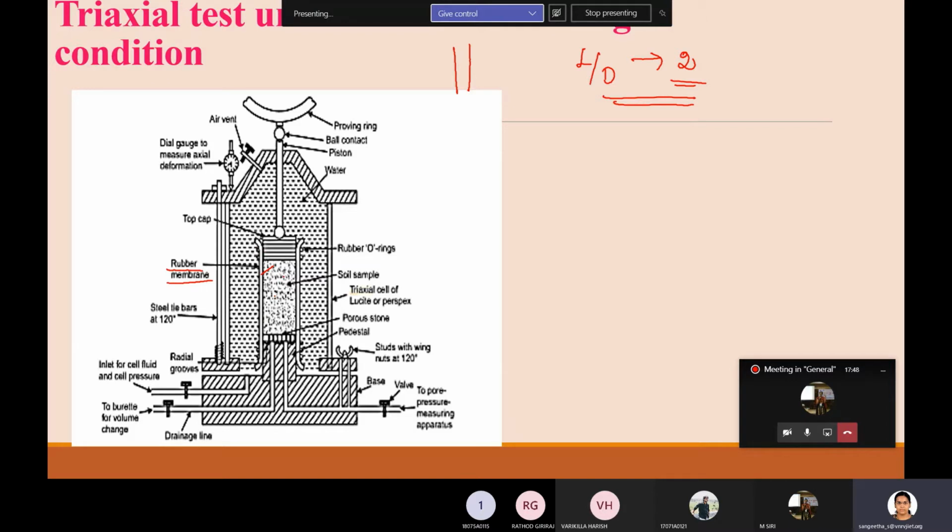First the sample is taken. At the top and bottom porous stones are kept, and then you insert the sample into the rubber membrane and fasten it with the help of an O-ring. The O-ring is a black colored ring made of rubber, and it is inserted at the top and bottom of the sample so as to hold it within the membrane.